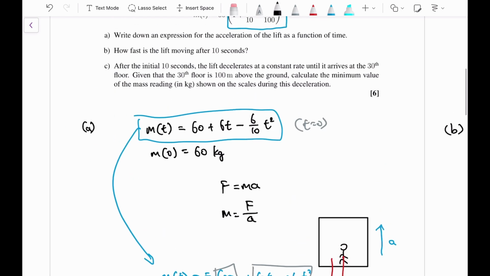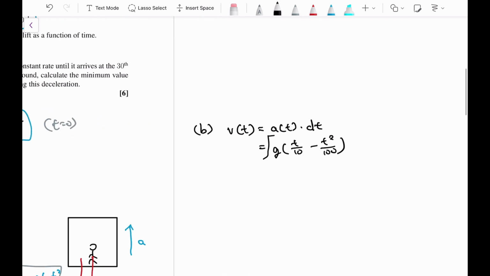And it says moving after 10 seconds. So if 10 seconds is 0 to 10, we can factor out the g over here, and then the inside just becomes divided by 2, so that's t squared over 20, minus, divided by 3, so it's 1 over 300 t cubed, from 0 to 10. We can ignore 0 because everything just becomes 0.